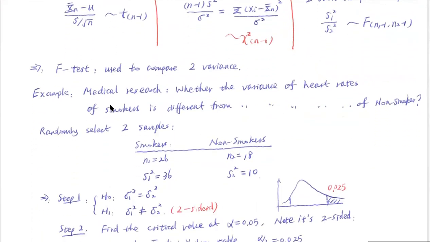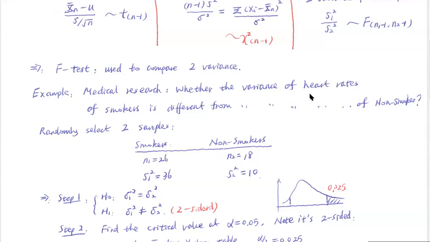Say we want to do some medical research on whether the variance of the heart rates of people who smoke differs compared with people who don't smoke. So we are trying to see the variance of the heart rate. How do we understand that?